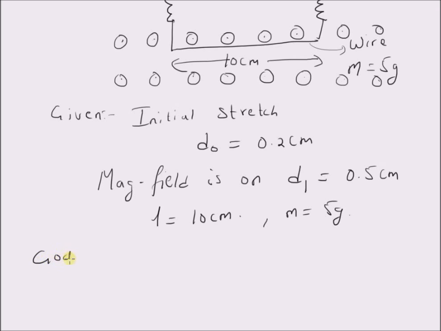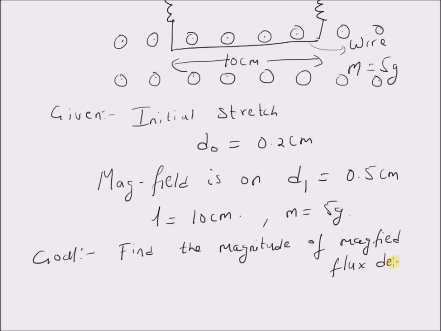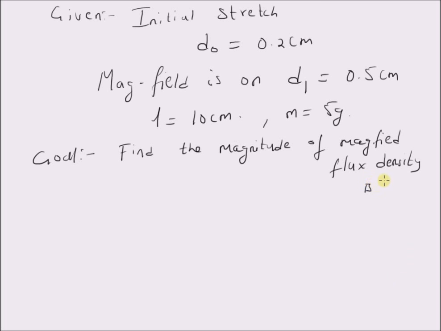So the goal of the problem is to find the magnitude of the magnetic field flux density, designated by the letter B. So this is the goal.